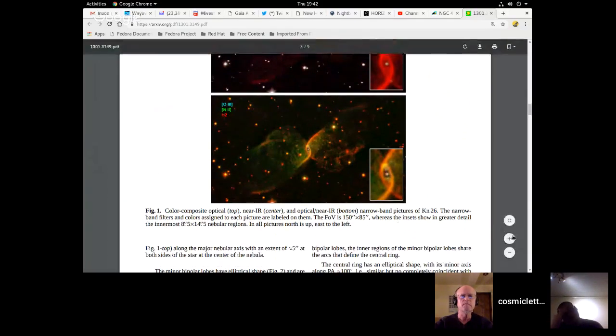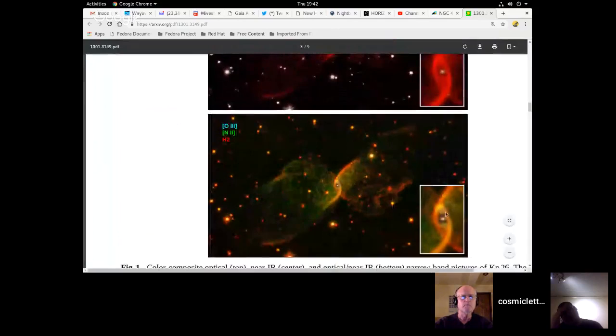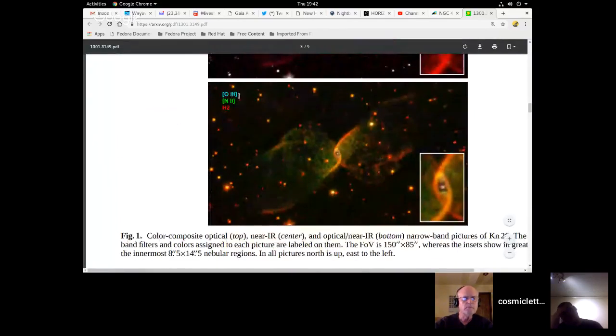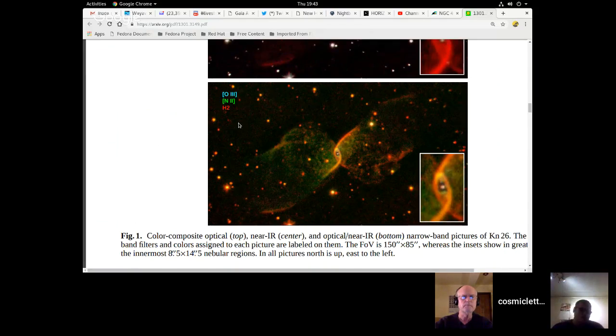So I like this, how they labeled this, right? O3 is the blue stuff, oxygen 3, nitrogen 2 is green, and hydrogen 2 is red. So you can kind of get an idea as to where the stuff is. Kind of interesting, right?